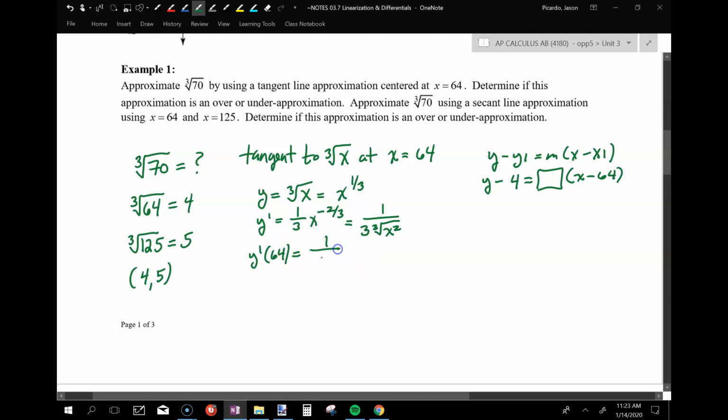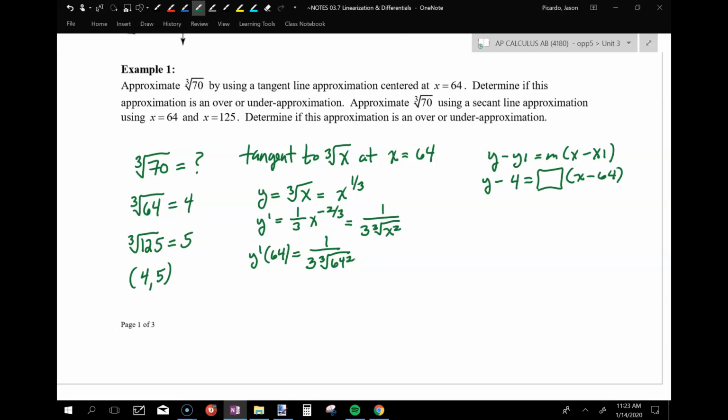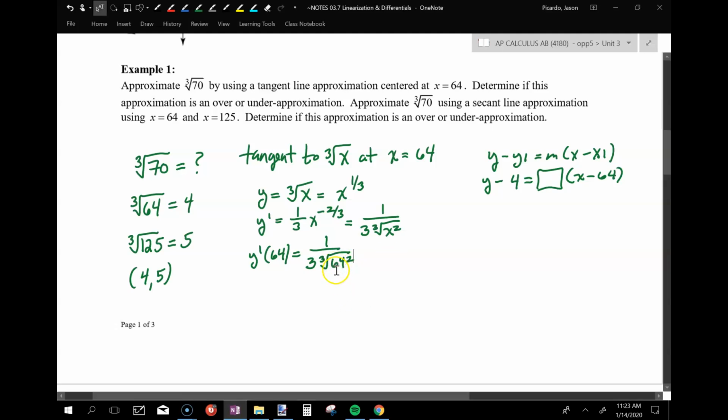Well, it's 1/3 times the cube root of 64 squared. And now you get to the point where it's like, come on, Picardo, I might as well just type the cube root of 70 in the calculator. Right? This isn't actually that bad. If this was just the cube root of 64, what would it be? It'd be 4.